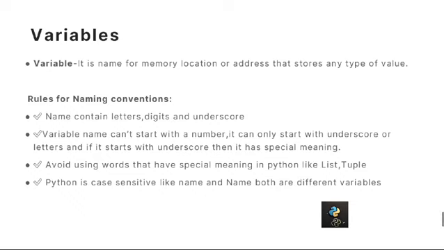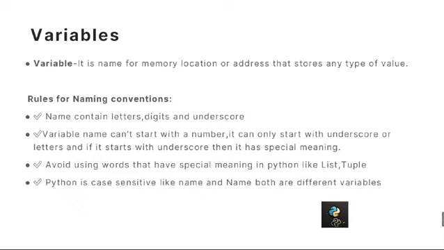Now we are going to understand how to define the variable names in Python. Before that, we are going to understand first what is a variable. A variable is nothing but a name for a memory location or address that stores any type of value. We have to follow some naming conventions to define the variable name in Python.